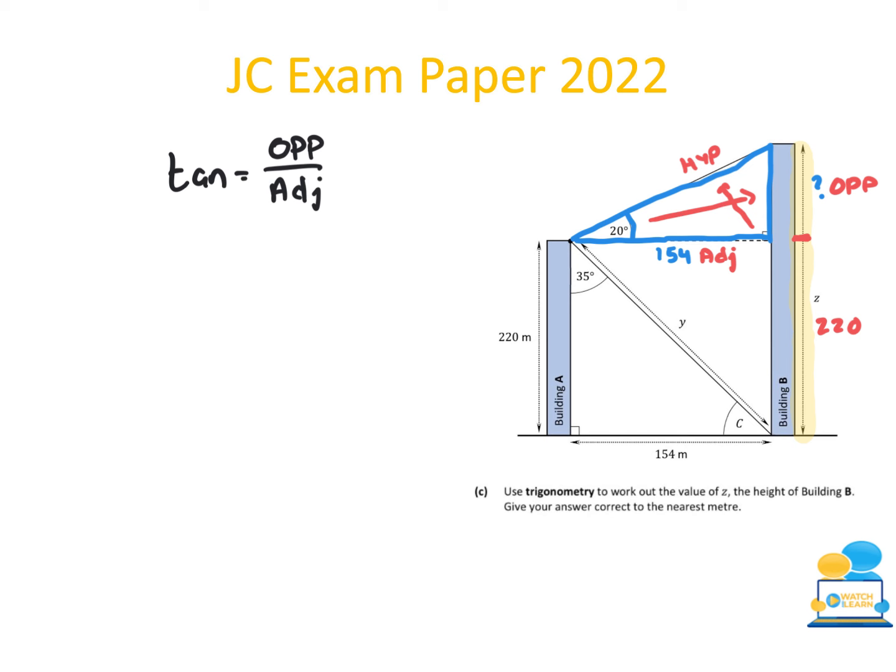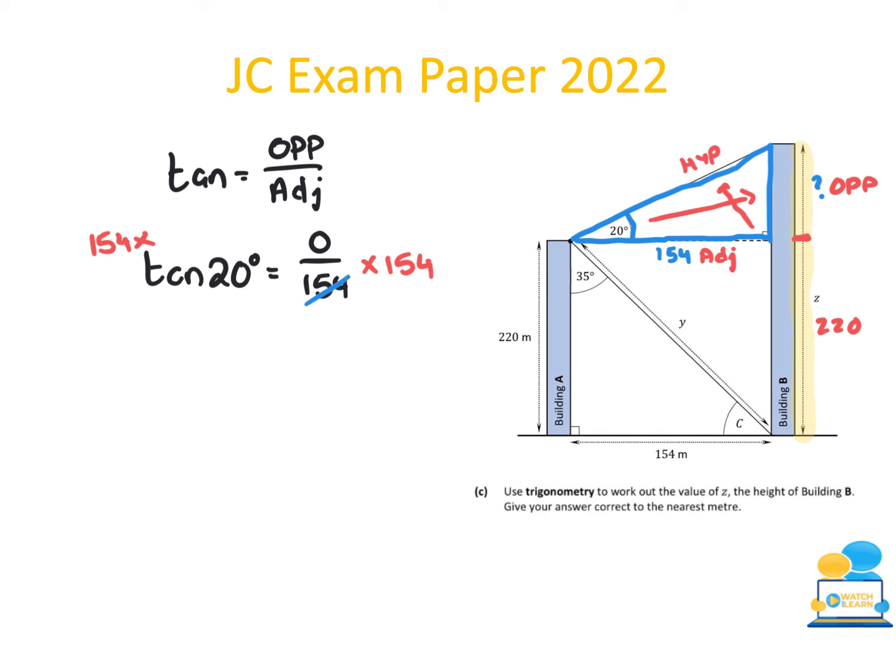So building that equation with my angle 20 degrees, it will be tan of 20 degrees equals my opposite side, which I don't know, so I'll keep that as O, over my adjacent side, which is 154. Now I want to isolate the O by itself, so I'm going to remove 154. 154 is attached onto O by division, so to remove it, I'm going to multiply the right-hand side by 154, which means I also must multiply the left-hand side by 154.